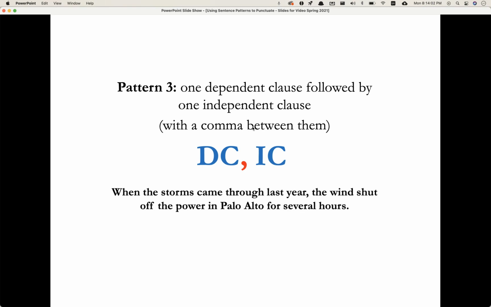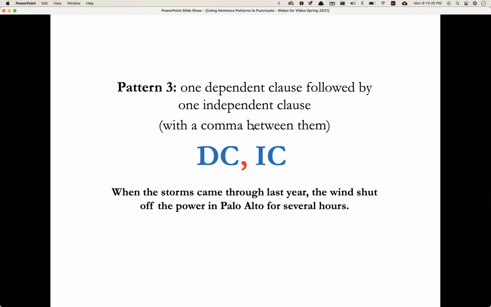So here's an example. When the storms came through last year, the wind shut off the power in Palo Alto for several hours. Right, so because I decided to put the dependent clause starting with when first in this example, and then put the independent clause after it, now a comma is required.